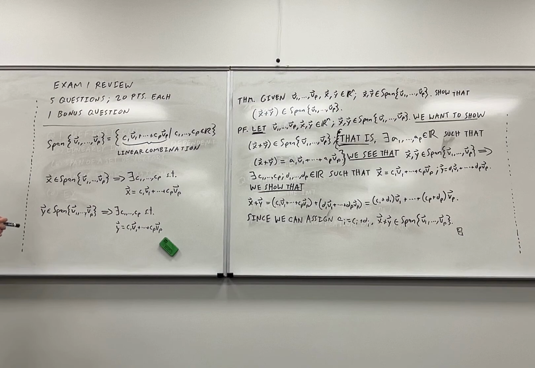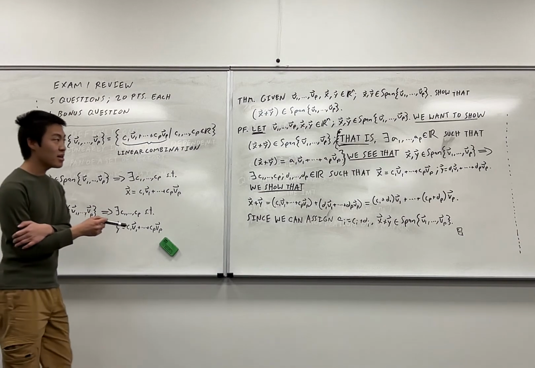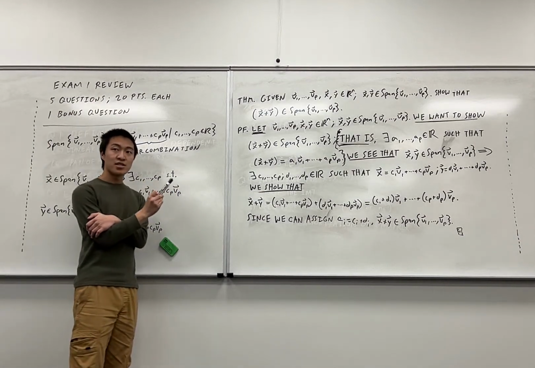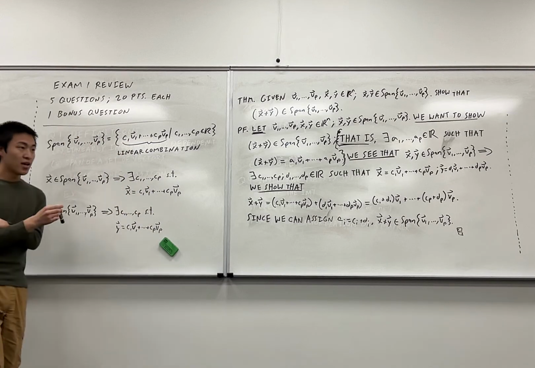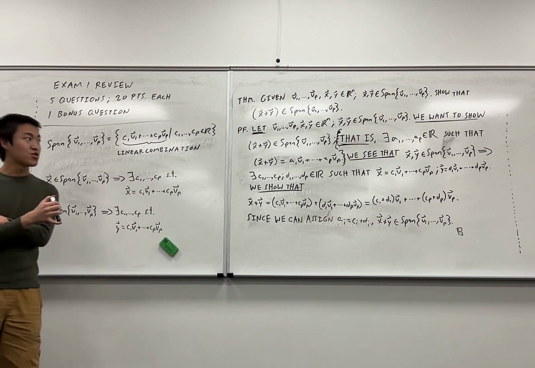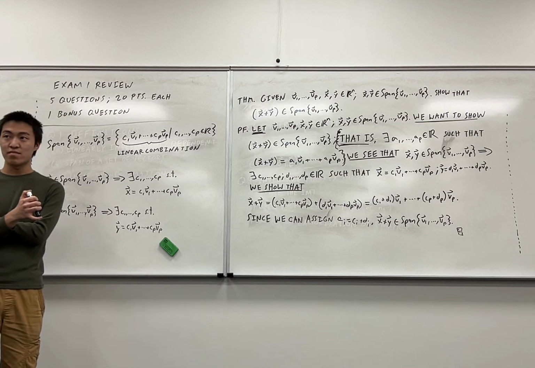Now, the reason I'm very picky about this kind of stuff is because when I was a freshman, taking my higher algebra course, I didn't have anybody to teach me how to do proofwriting, okay?